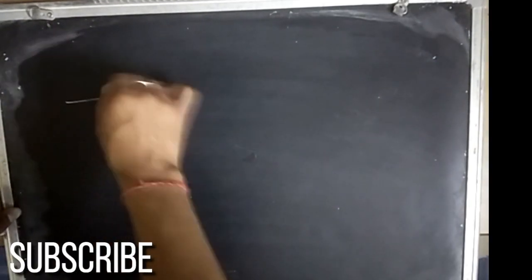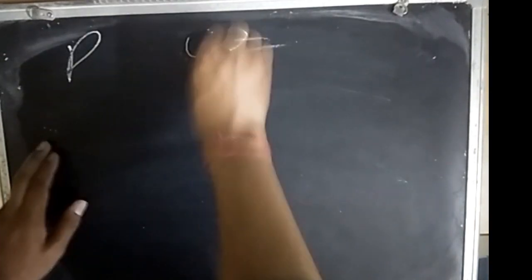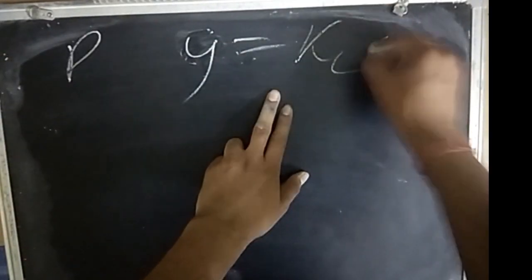Next thing is there are some exceptions that you need to know. One is this Kc. First of all, let me see the controllers. I have the proportional controller, that means the output, let's say C or Y, is Kc times error.